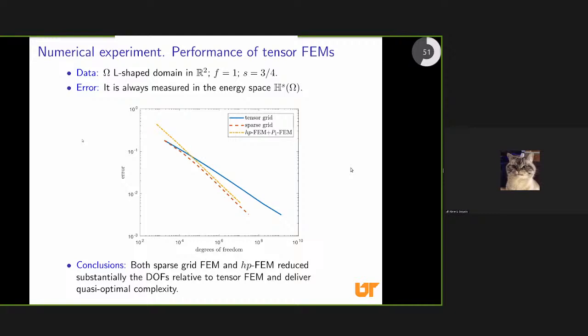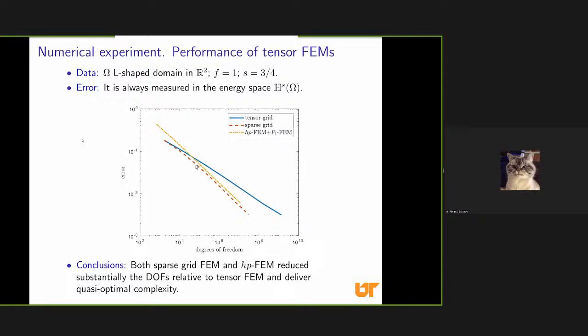Just a small numerical experiment, because I know I went very fast in all these results. Let's say I have an L-shaped domain in 2 dimensions. F is equal to 1, which is smooth but not compatible. And you see that, for instance, the blue line is doing P1 finite elements, so the rate of convergence is optimal in the sense of approximation, but it's not optimal in the sense of degrees of freedom.